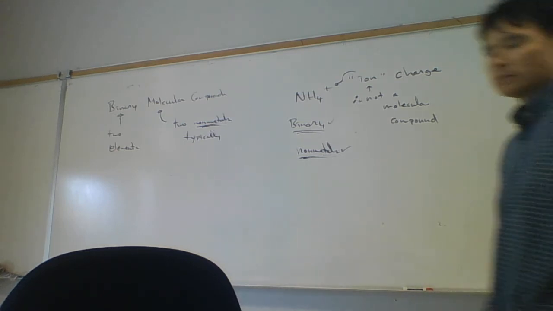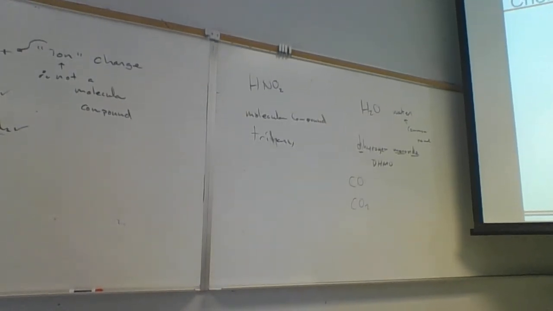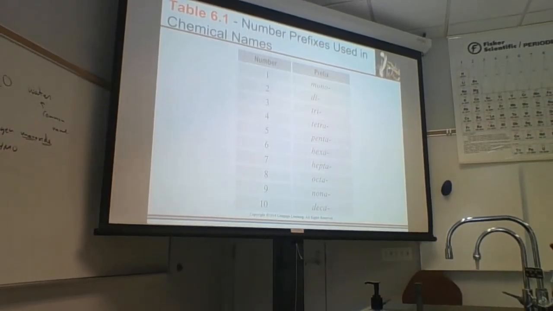So what are the prefixes that we're going to encounter? Let's take a look at the prefixes that you should memorize. So mono, di, and 3 is tri, 4 is tetra, penta, hexa, hepta, octa, nona, and deca.